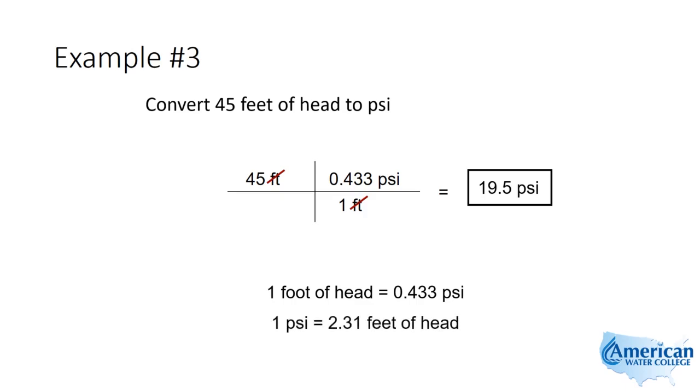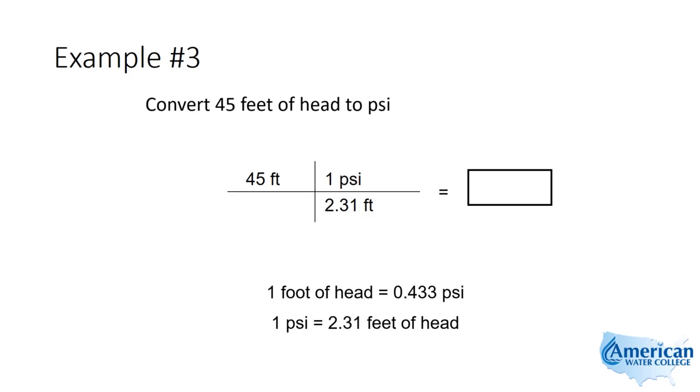I'm going to point out here, a lot of operators know this equivalent, and they'll ask me regularly, well, what about 2.31? Well, 1 psi is equal to 2.31 feet of head. And if you prefer to use this equivalent, if this is what you've memorized and you want to use it, that's fine, but let's just keep the units straight. So if we're to do this problem using the 2.31 feet of head as 1 psi equivalent, it would look like this. Since we have feet on top, the 2.31 feet needs to go on the bottom, and the 1 psi needs to go on the top.